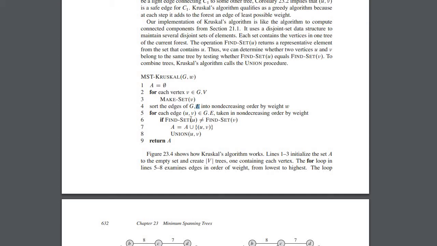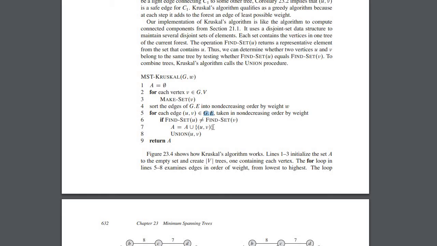So for each edge joining U and V, which belongs to the set of graph edges taken in non-decreasing order by weight, in this iteration there is a condition: if find-set of U is not equal to find-set of V, it means the two trees are different, so both have different sets. If both have different sets, then A will be equal to A union (U, V).